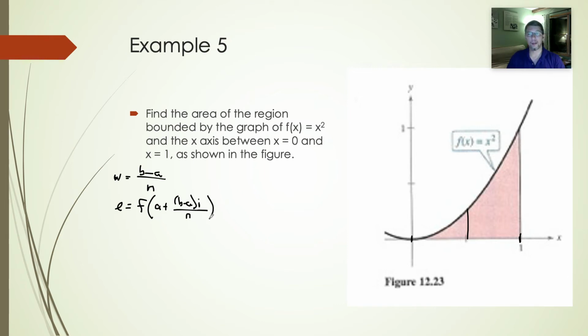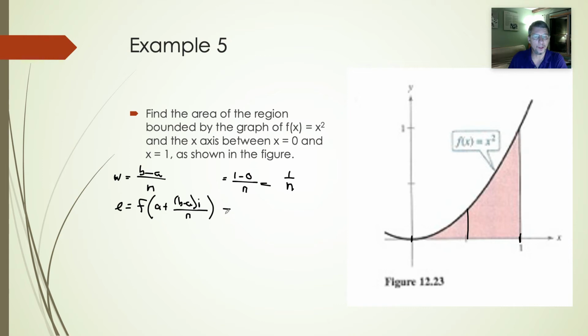Now, in this particular problem, because x is between 0 and 1, the value of b is going to be 1, and the value of a is going to be 0. So the width is going to be 1 minus 0 divided by the number of rectangles I decide to draw.